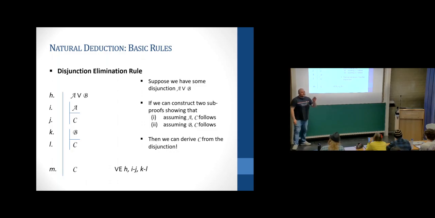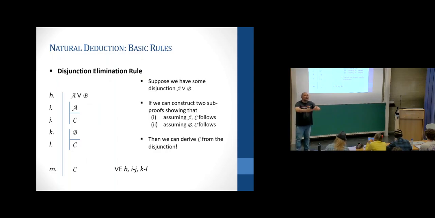But again, we see the idea. If you have a disjunction on the proof line, and you can show that it doesn't matter which way you go, you're going to get to the same destination, then you know that result follows from the disjunction. We do not care why the disjunction is true or how it's true.